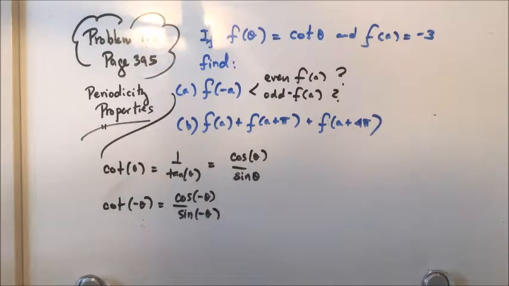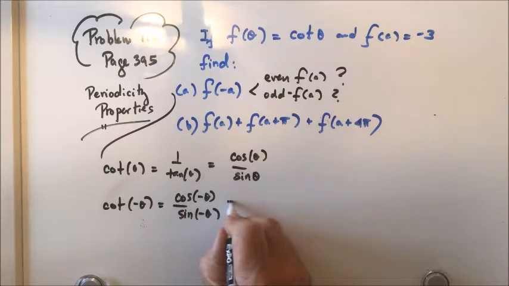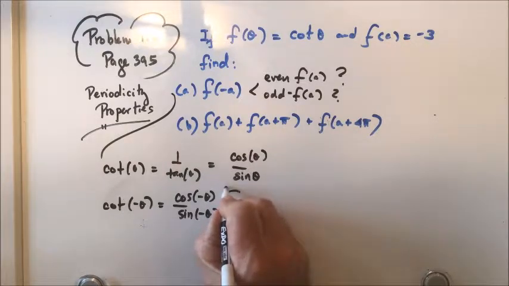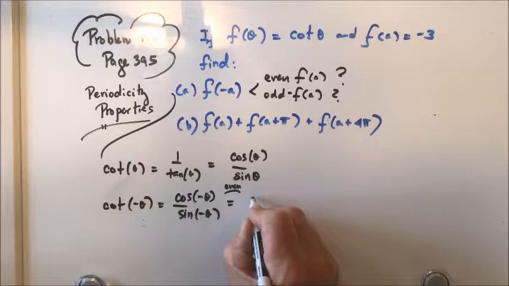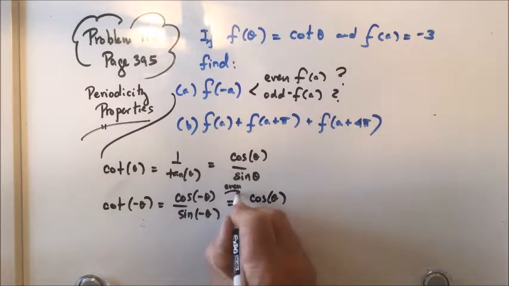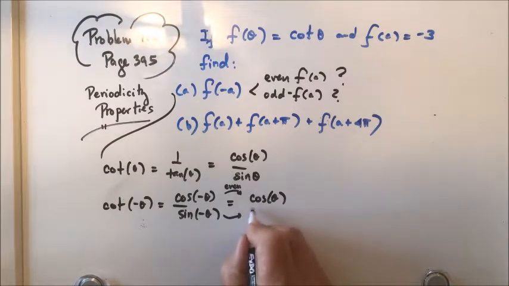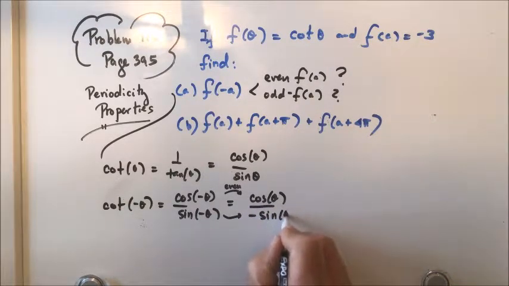And now let's make use of the even-odd properties of cosine and sine. Cosine is even, and so cosine of minus theta is just cosine theta, and the sine is odd, so the sine of minus theta is minus sine theta.